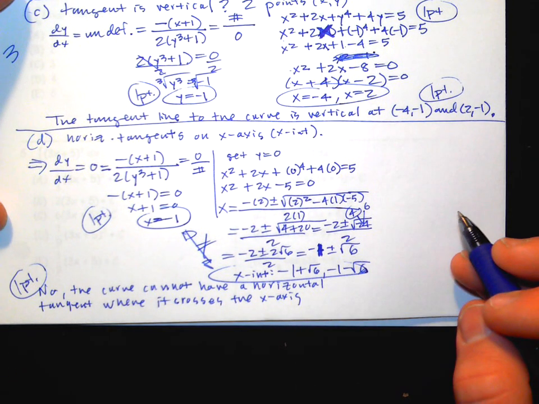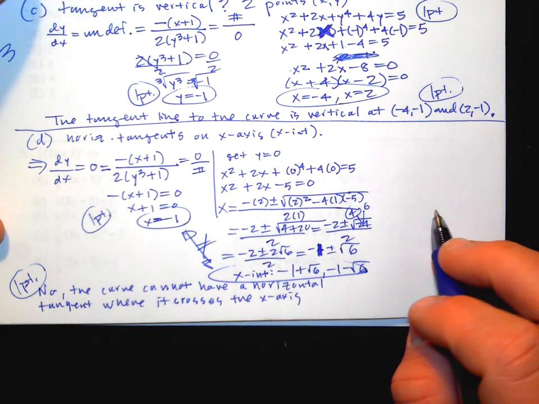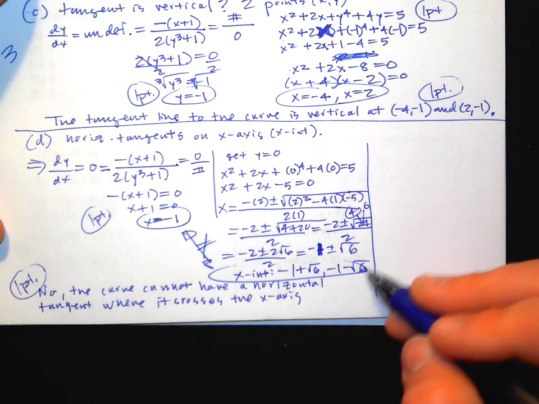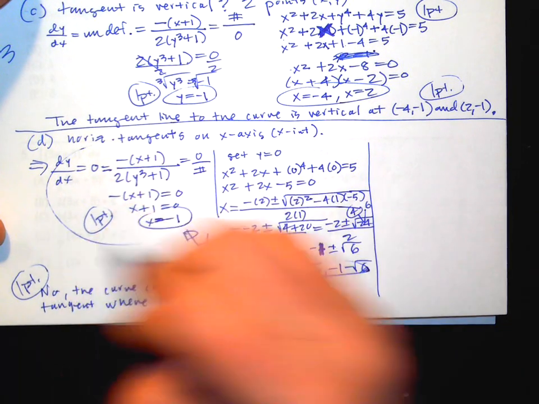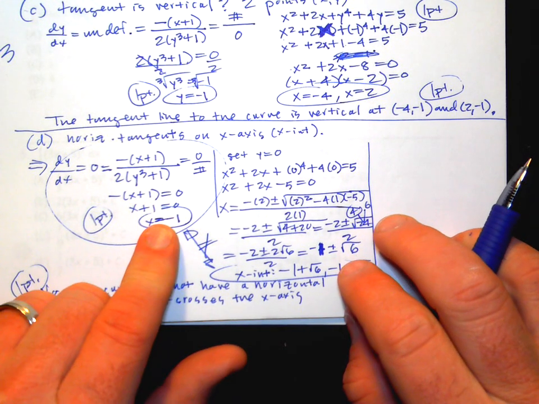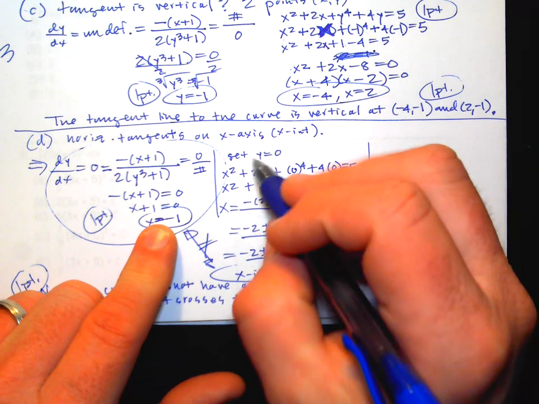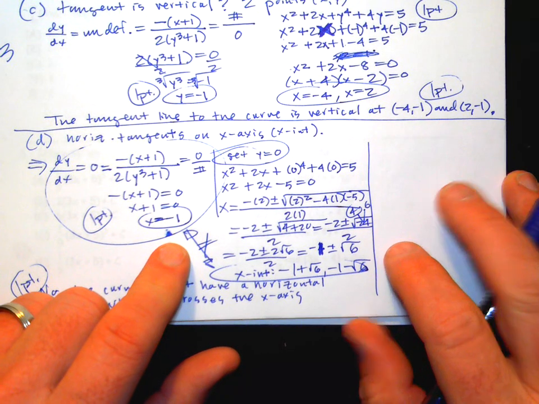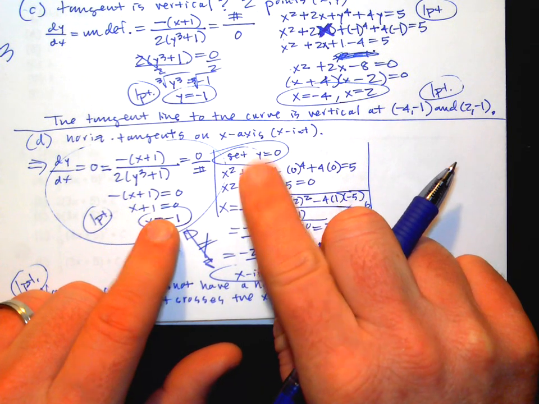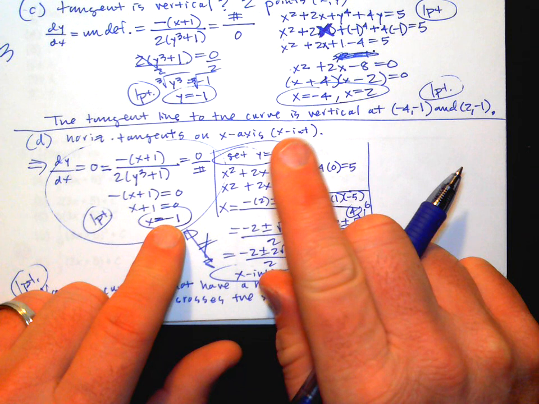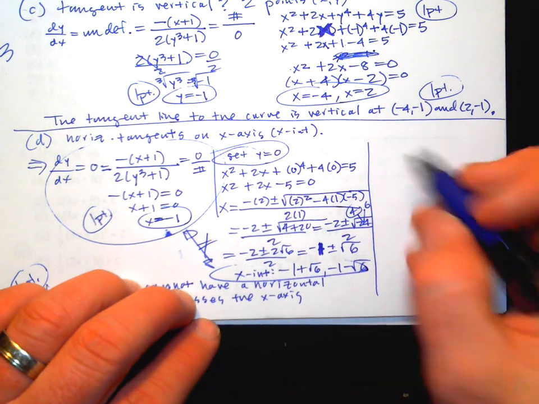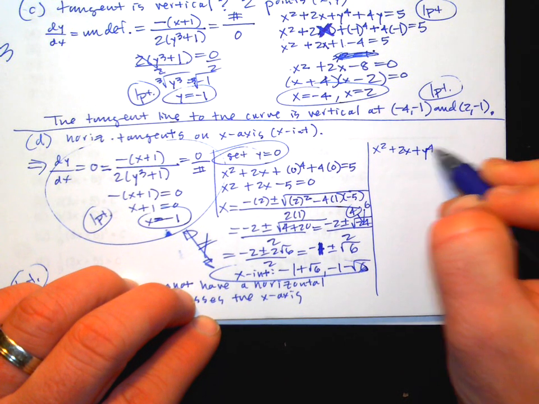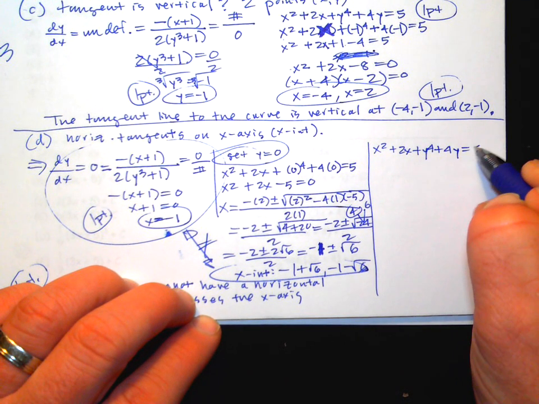Another way to do it, here's something that would have been a little easier than this. I would have done this still, and then we say, well, this is where they have a horizontal tangent, and then we know that the x-intercepts have to happen at y equals 0. So let's plug both of these in together and see if that point satisfies the original equation. Let's plug them both into x squared plus 2x plus y to the fourth plus 4y equals 5 and see if it gives you a true result.